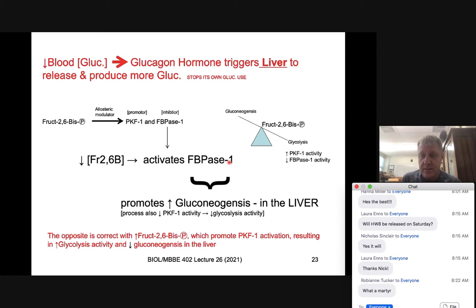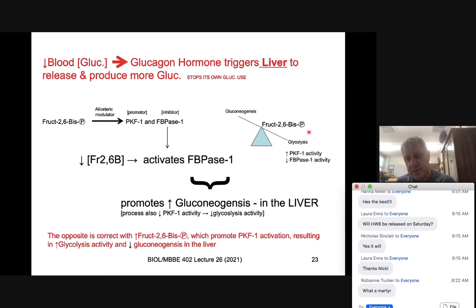Now, we have this little seesaw, and it's best to see it in this particular seesaw. The fructose 2,6-bisphosphate is that key, pivotal point. Depending on which way it goes, it's going to change the system from glycolysis to gluconeogenesis.